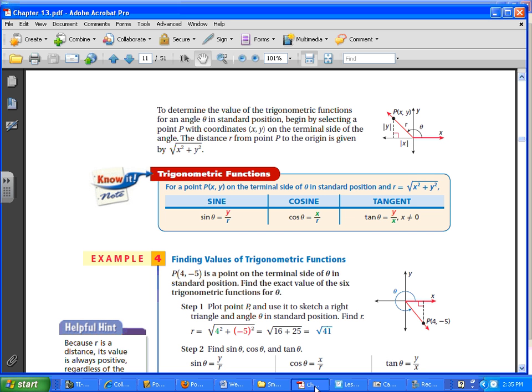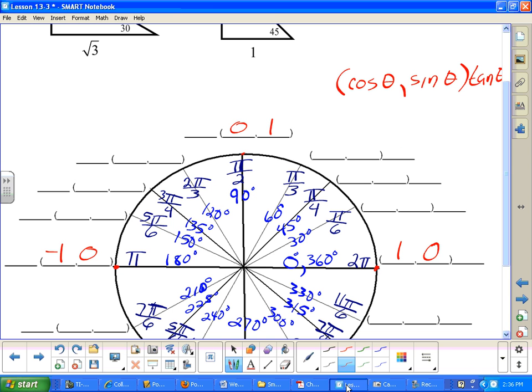Well, if r is 1, then sine is just y, and cosine would just be x. And so when we're using the unit circle, cosine always refers to x. Sine always refers to y.